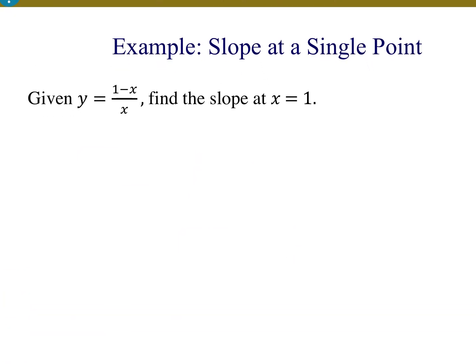All right, it's a quotient. Do the rules still work when you're working with quotients? Yes, the rules have to work. If it's a rule, it has to work, as long as you don't break any of the other math rules. All right, so we're finding the slope: the limit as x approaches 1 of f of x minus f of 1 over x minus 1.